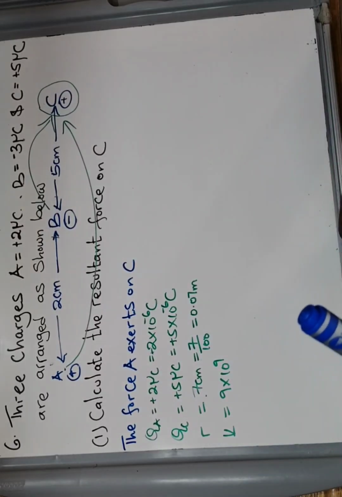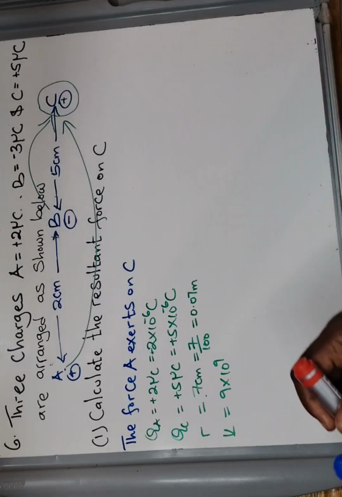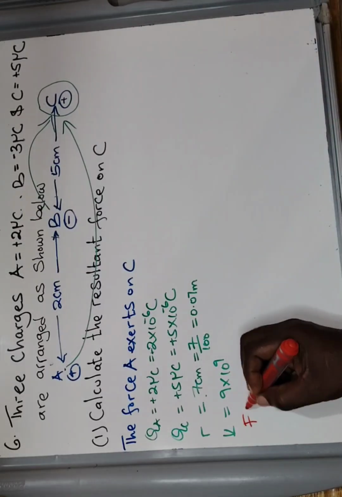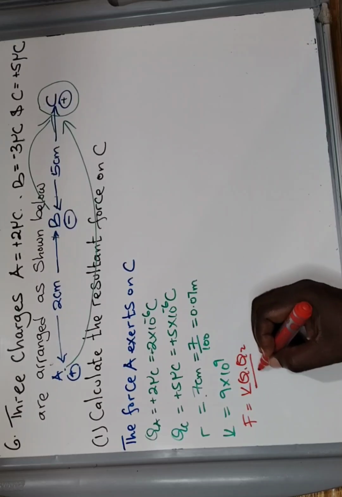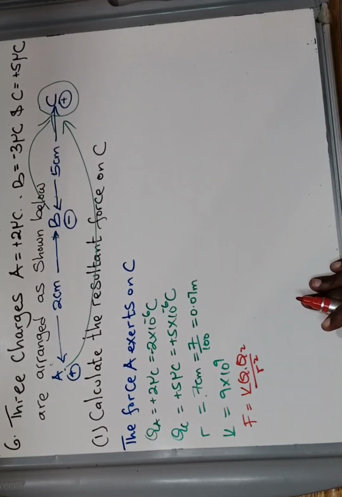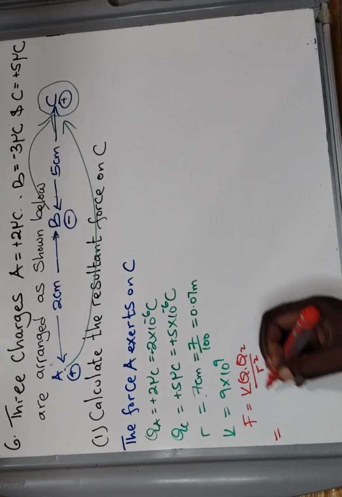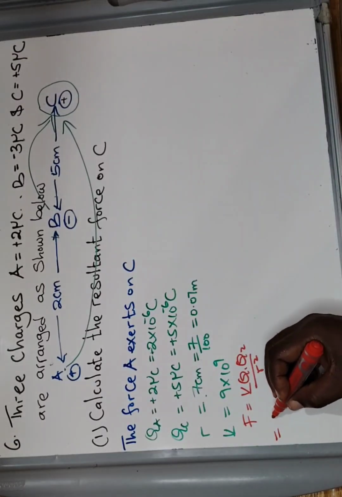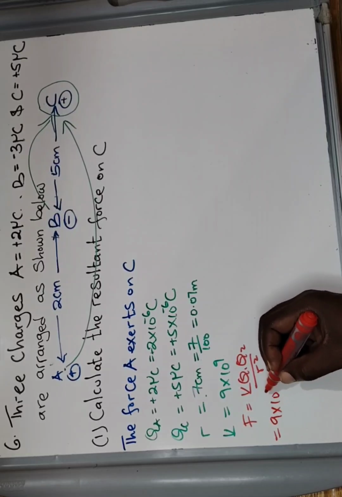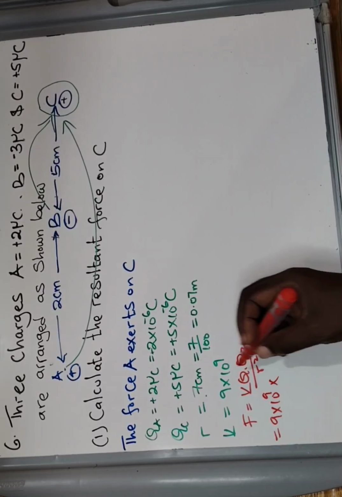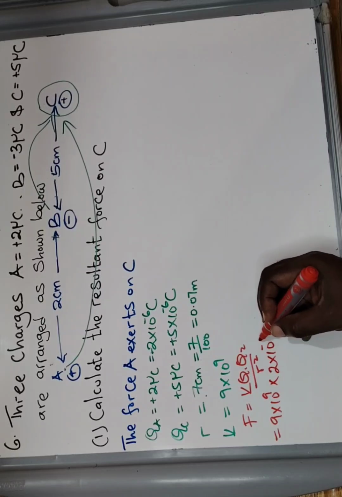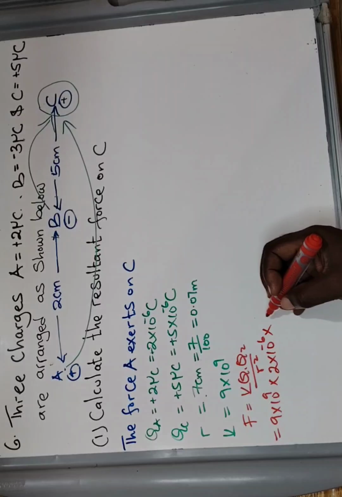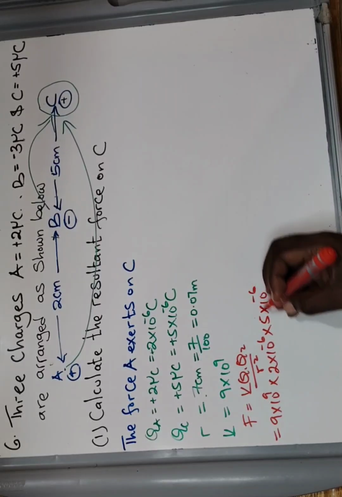Okay, with this information, what do we do? You have the formula. It's Coulomb's law, which is going to be that. And when you substitute in, what are we going to get? You have your K. K is 9 times 10 power 9. And Q1 is 2 times 10 power minus 6. And Q2 is going to be 5 times 10 power minus 6.